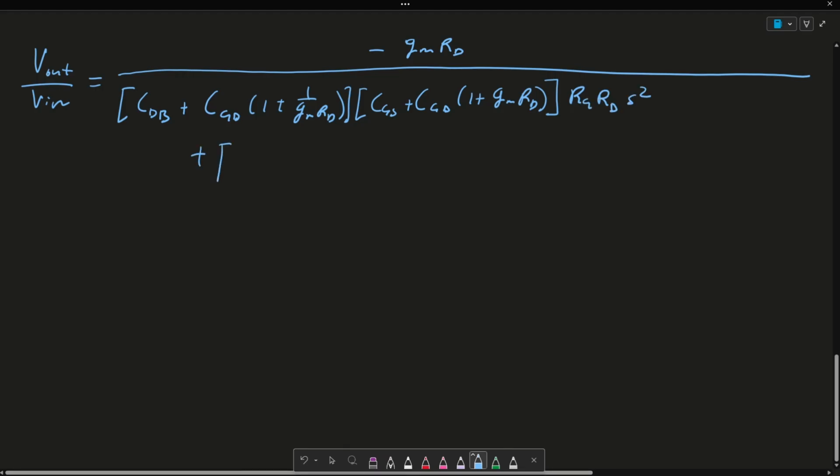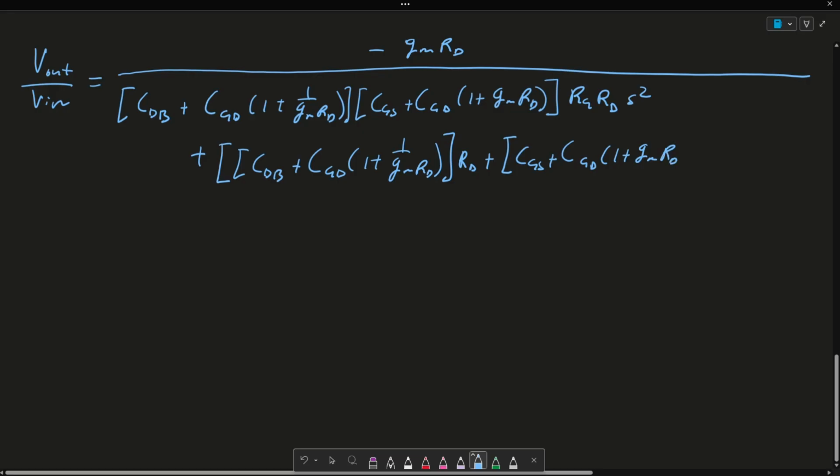So then we have a plus CDB plus CGD1 plus 1 over GM RD times RD plus CGS plus CGD1 plus GM RD. And then this is times RG, and then that's my S term plus 1.